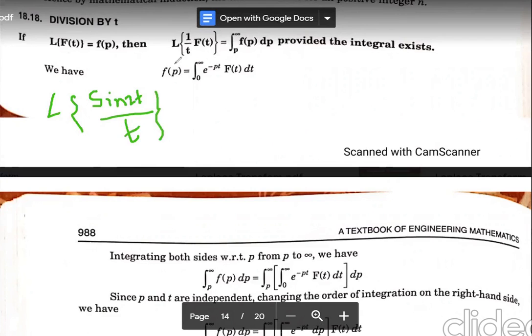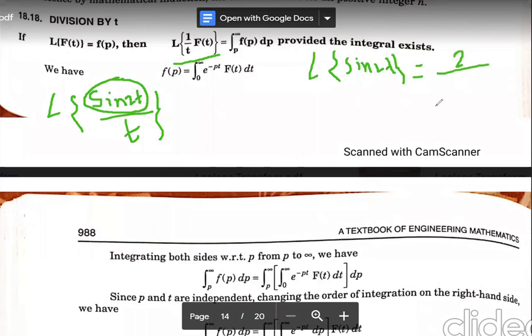If you compare with the Laplace transform of f of t by t, f of t will be sine of 2t. What is the Laplace transform of sine of 2t? Anyone? It is 2 by p square plus 4.